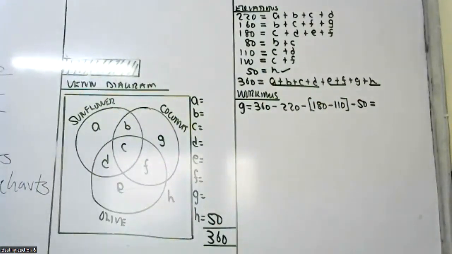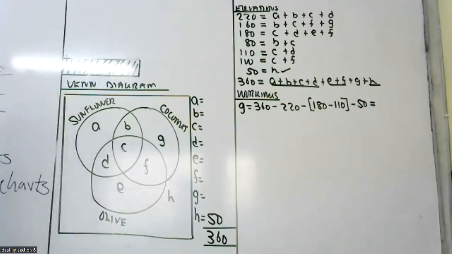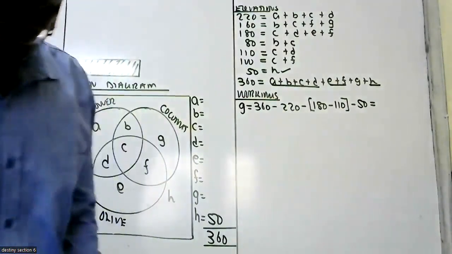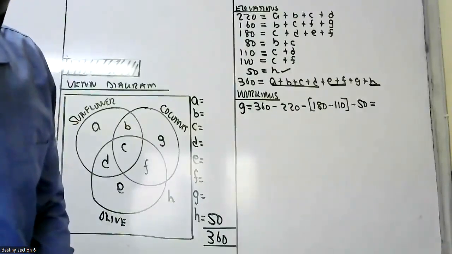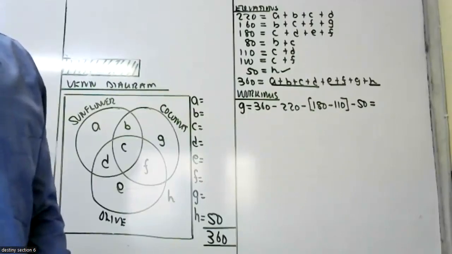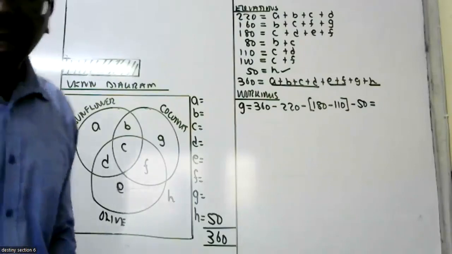So tell me what that one is. So G is 20.